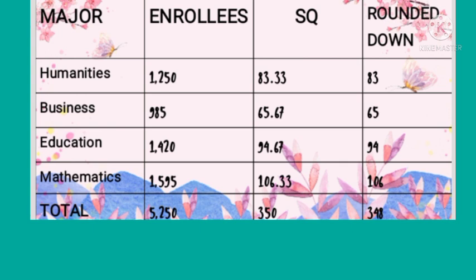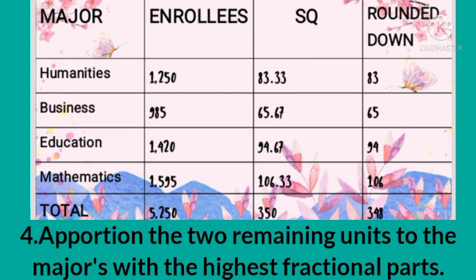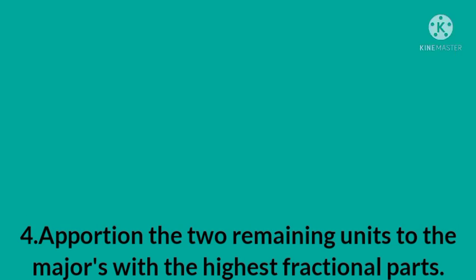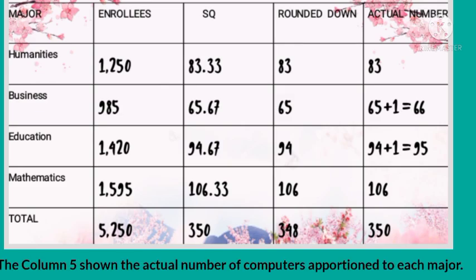Ito yung column 4, rounded down. Step number 4, apportion the two remaining units to the majors with the highest fractional parts. So, mag-a-apportion lang tayo dito ng dalawang natitirang units sa mga malalaking fractional parts.